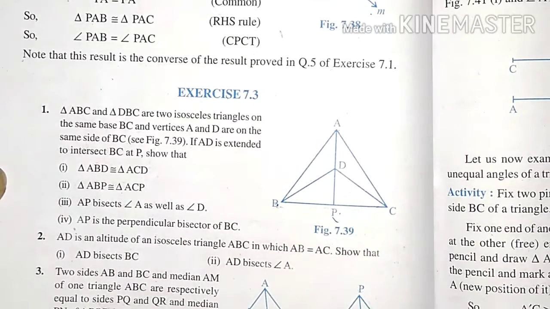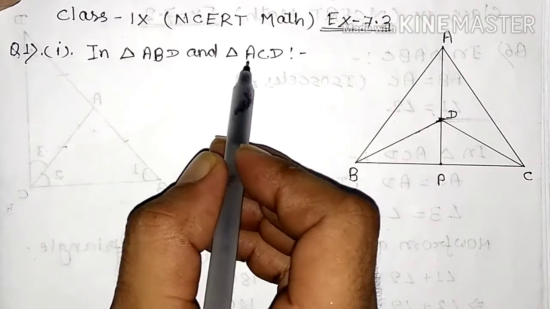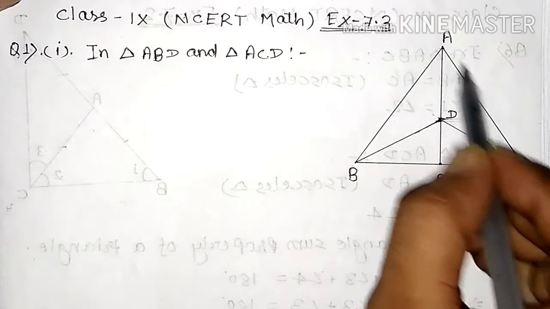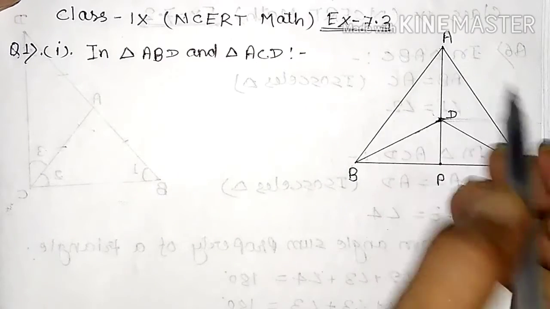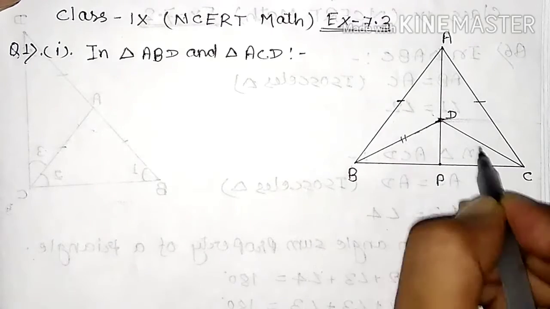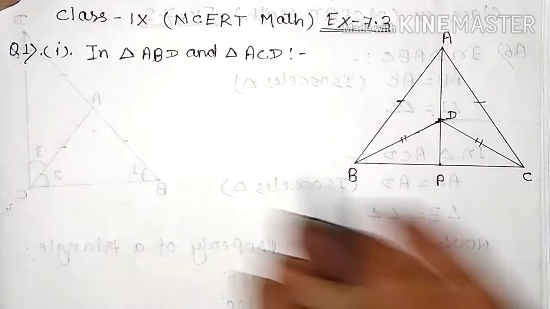Now I am going to write down in triangle ABD and ACD, what is given? This side is equal to this side, and this side is equal to this side. So I am going to write it.